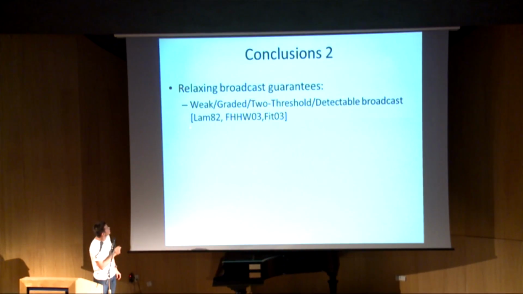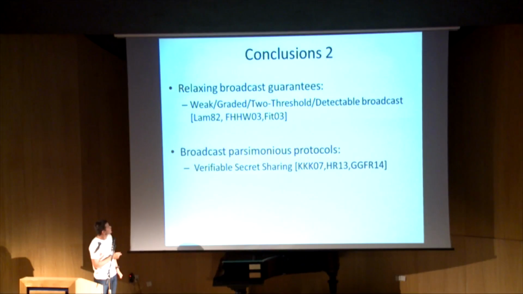What you can also do is say, okay, we know that broadcast is very inefficient, so let's try to do something else. One way out is to consider weaker versions of broadcast. There is something called weak broadcast, graded broadcast, two-threshold broadcast, and so on. They are weaker variants, and there is a hope that you can implement some of them more efficiently. Second, you can say, I have a protocol and I'm using broadcast.